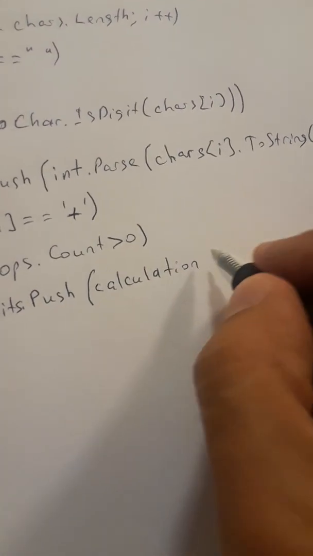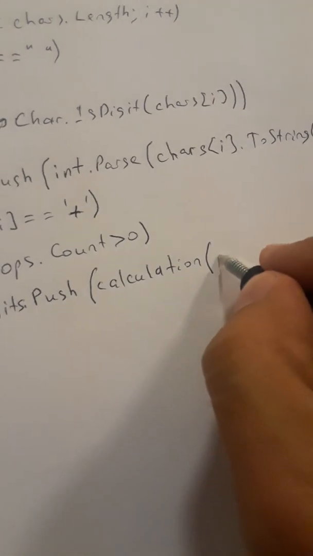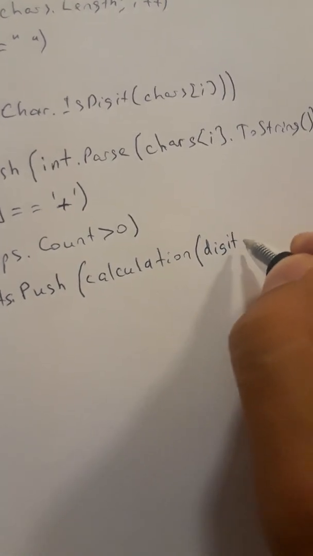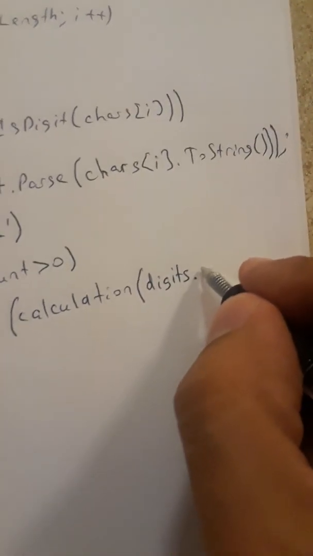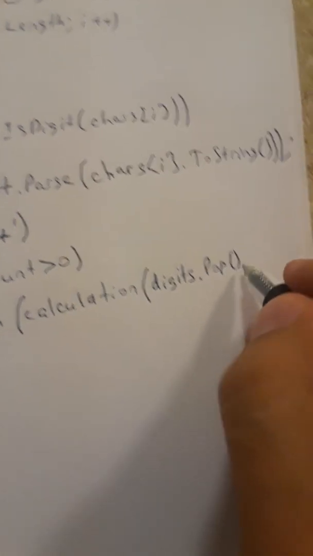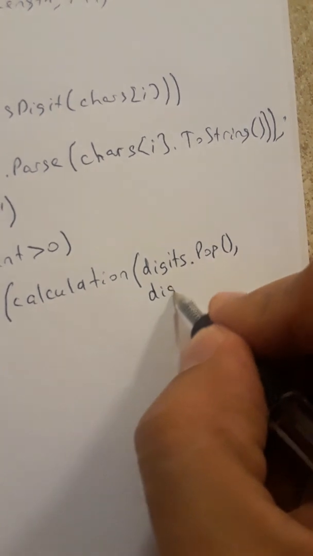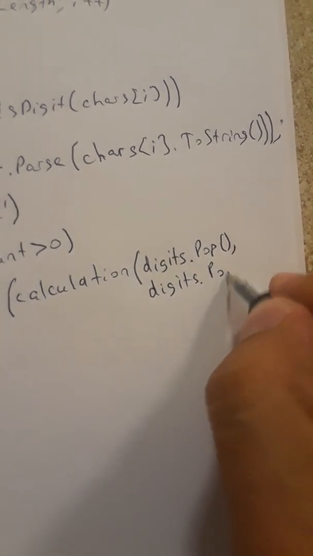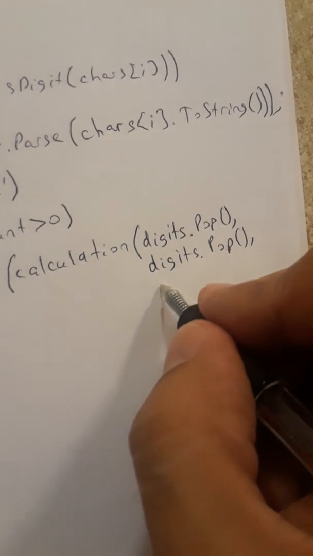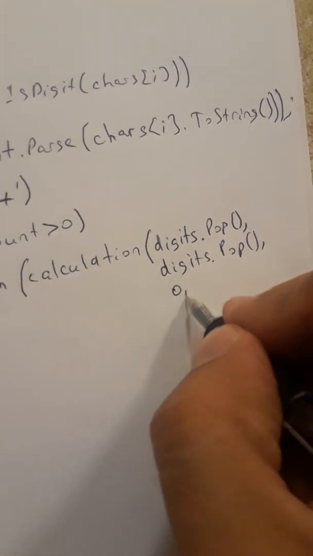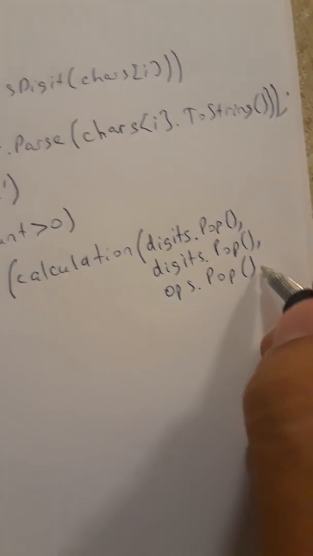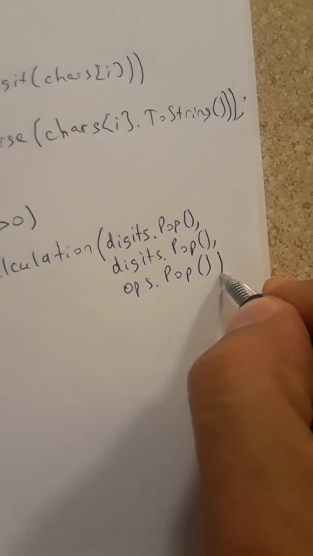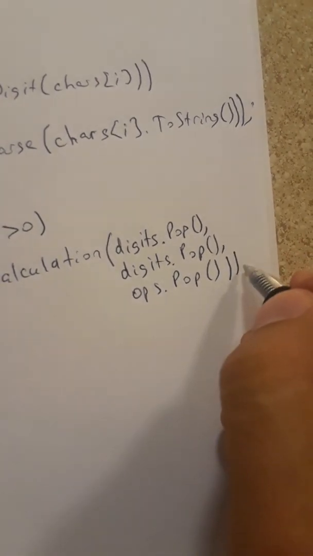It is called calculation, and as input it uses two removed elements from the digit stack, and one removed element from the operator stack. And the calculation result is always pushed back to our digits stack.